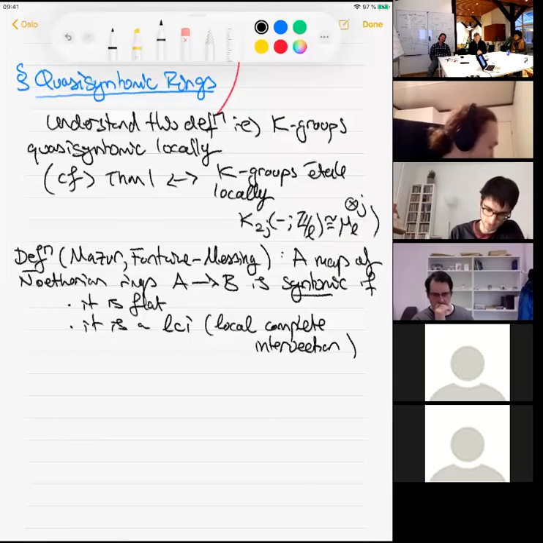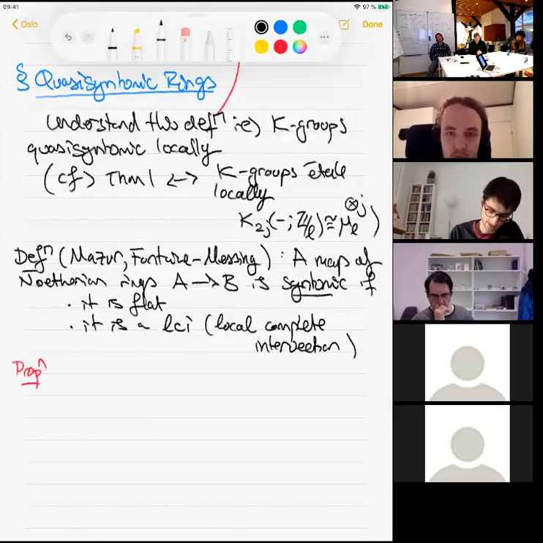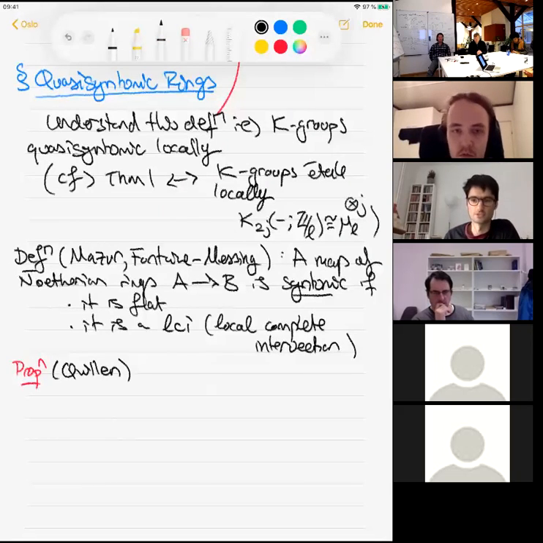And one has a result of Quillen that you can detect such a syntomic property purely in terms of behavior of the cotangent complex, as long as you impose some suitable finiteness conditions.